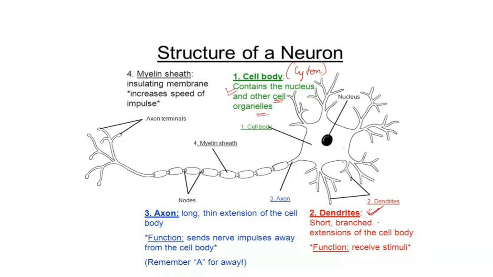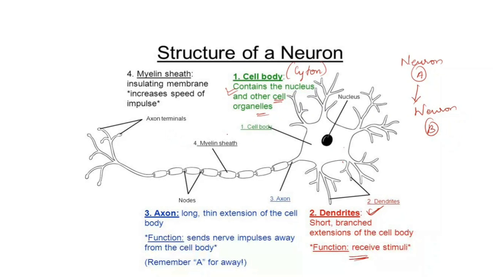These are short branched structures which help in receiving the stimuli. Whenever nerve impulses are transferred from one neuron to another neuron, they pass through the dendrites. So dendrites are the ones which receive the stimuli from the previous neuron.